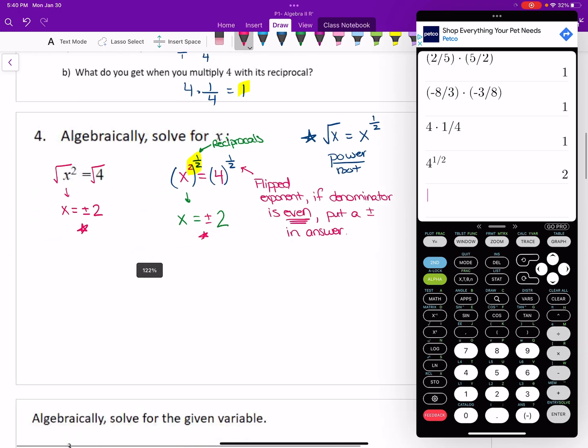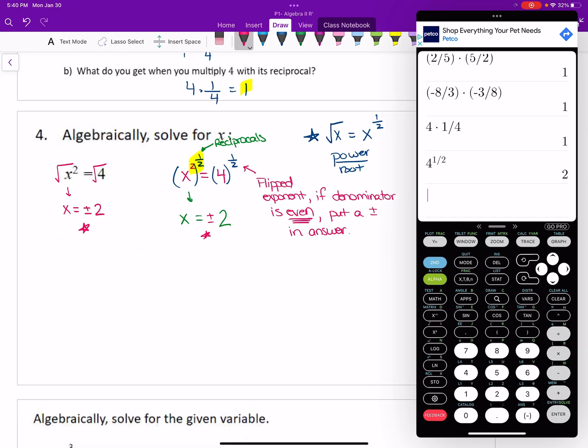Just like it's up to us to remember that if we're taking the square root by ourselves, it is up to us when we flip an exponent. If the denominator of the flipped exponent is even, we need a plus minus in our answer.